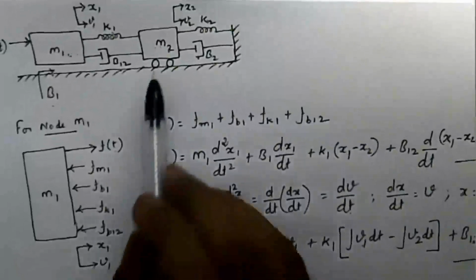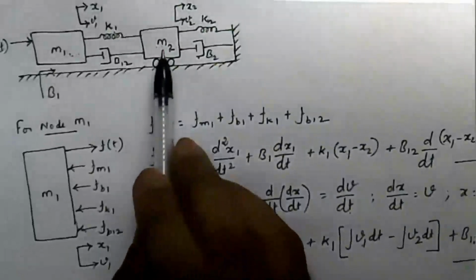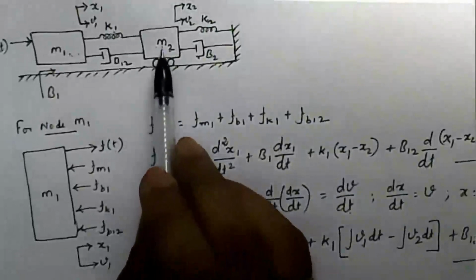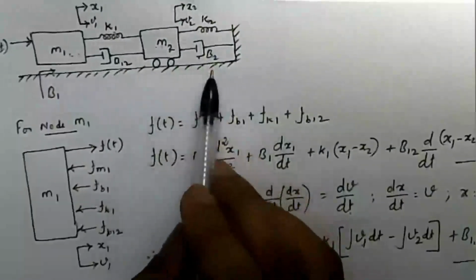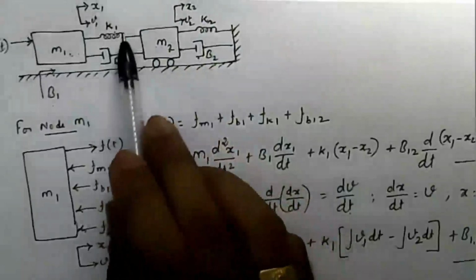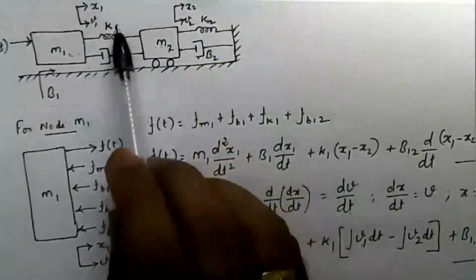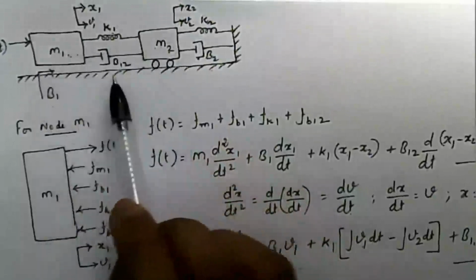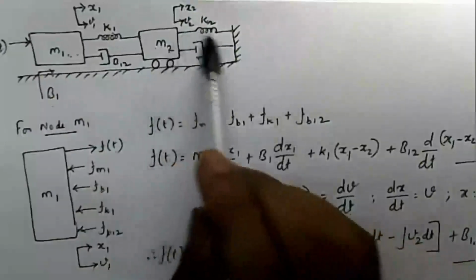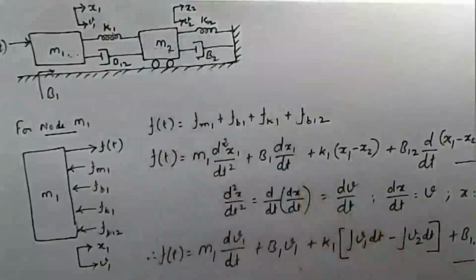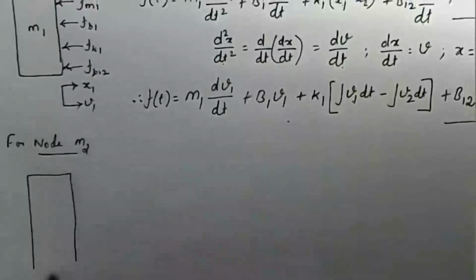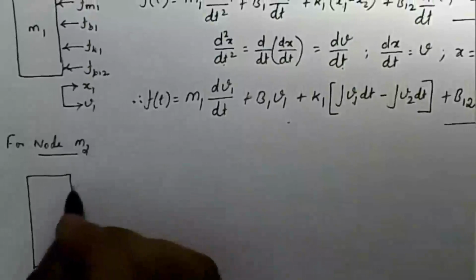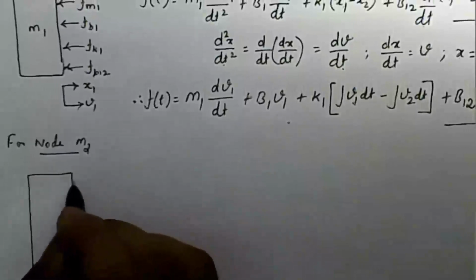Now node M2, to draw the free body diagram. Here node M2 consists of the M2 element itself, K2, B2, B12, and K1. B12 and K1 are common elements for these two nodes. These three are the individual elements. There is no applied force.